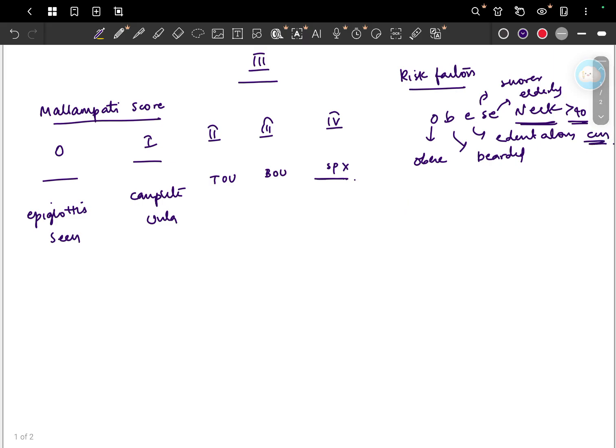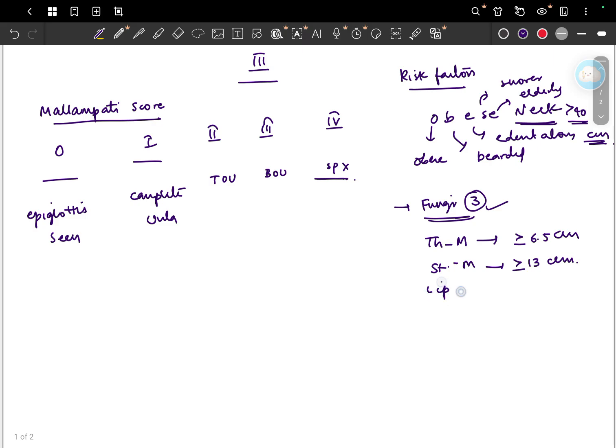Other points you have to check are 3 finger breadth, thyromental distance should be greater than 6.5 centimeter, sternomental distance should be greater than or equal to 13 centimeters, and lip bite test has to be positive. So these are the criteria.